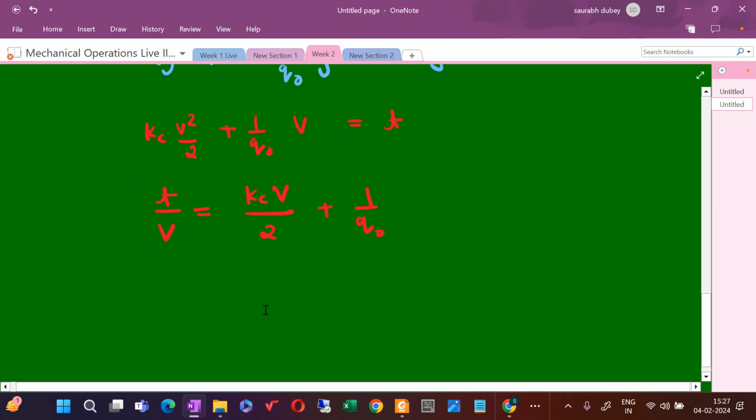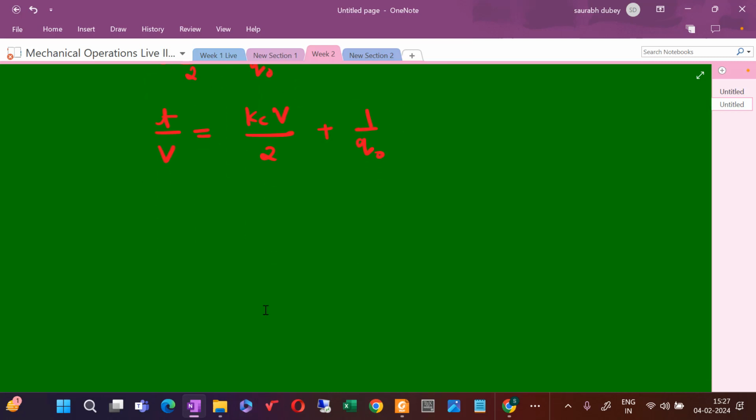And further, this could also be written as Kc V square by 2 plus 1 by q0 V equals to T.